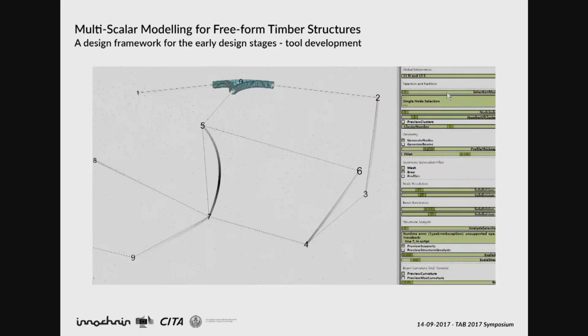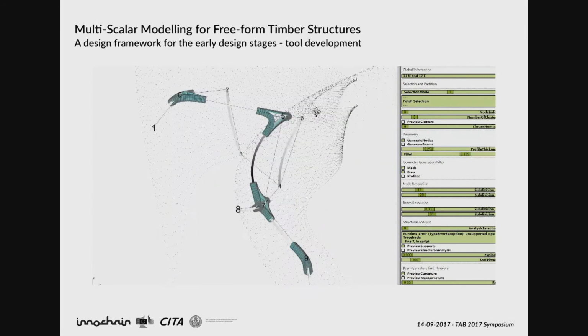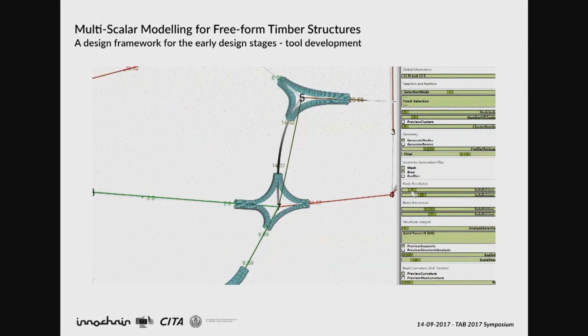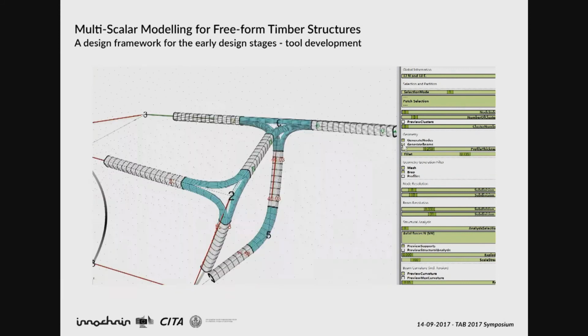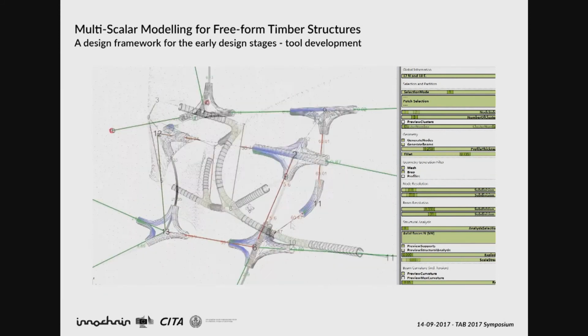Then it was projected onto a master surface, and you could have full detail and resolution of each element. That was expanded a bit later on, with 2 master surfaces in this case.